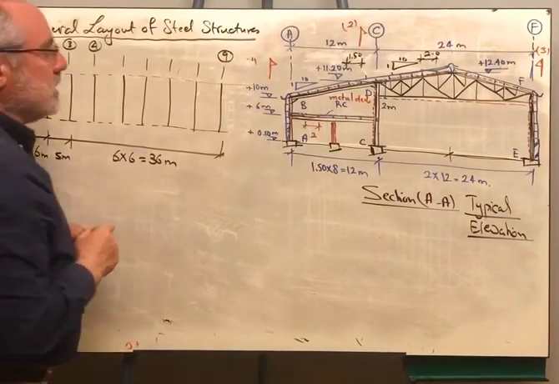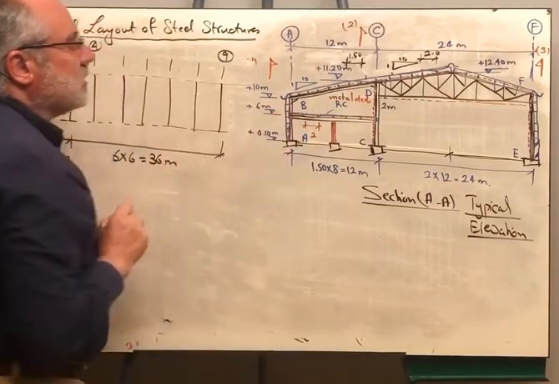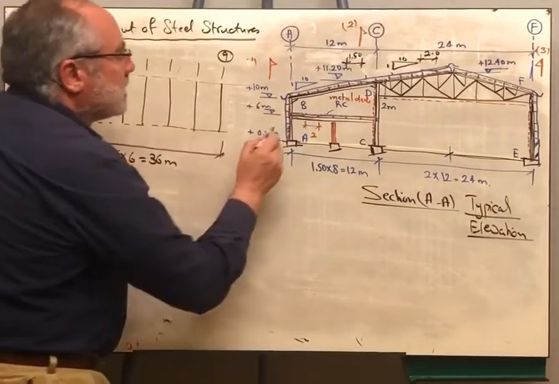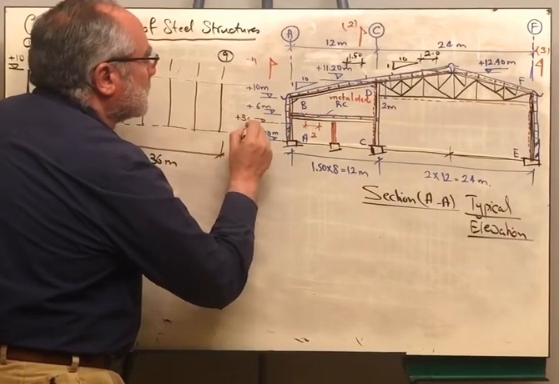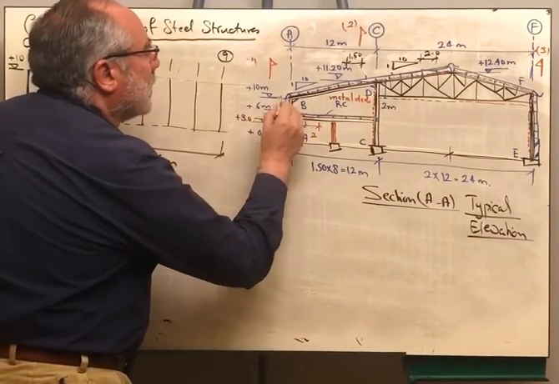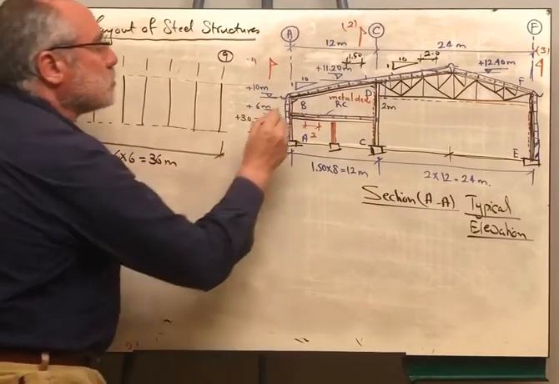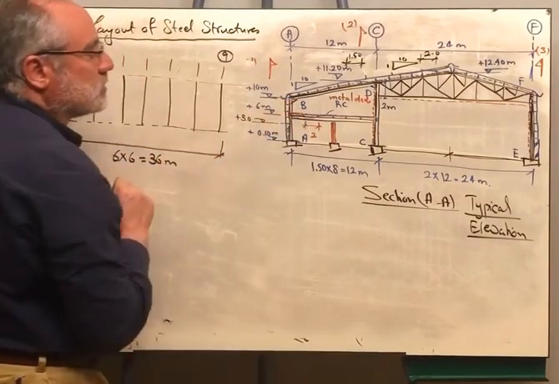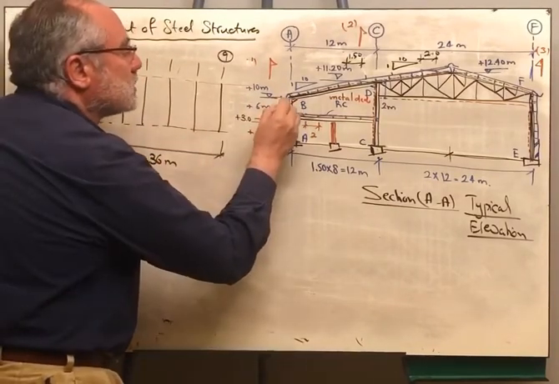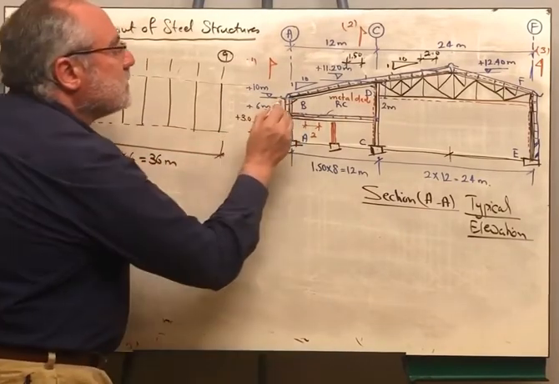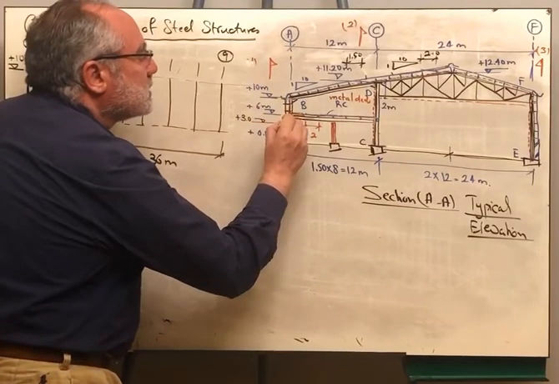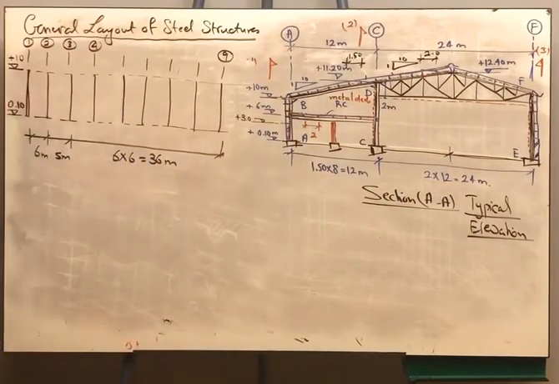What are we going to see for the cladding system first? We said before that the brick wall is up till level 3 meters, and up till here we are having corrugated sheet. So this part is covered with corrugated sheet. The corrugated sheet cannot span a distance of 7 meters. Therefore, I'm going to have side purlins, and these side purlins will be located every 1.75.